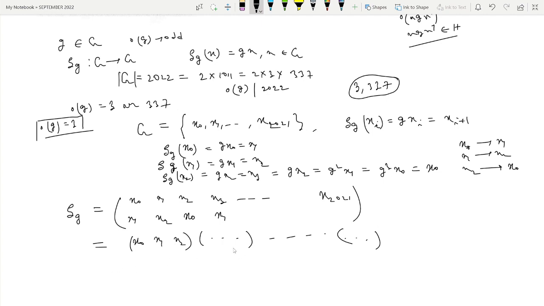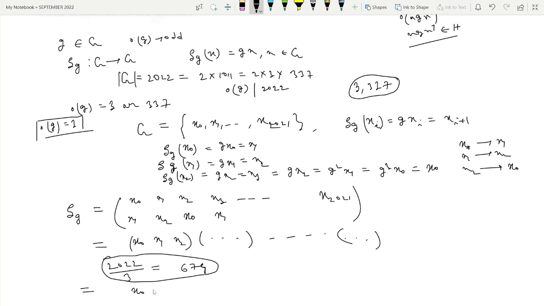Each cycle is of length 3, and since there are 2022 elements, there are 2022 by 3 equal to 674 disjoint cycles of length 3, and from each of these cycles we have the product of two transpositions.